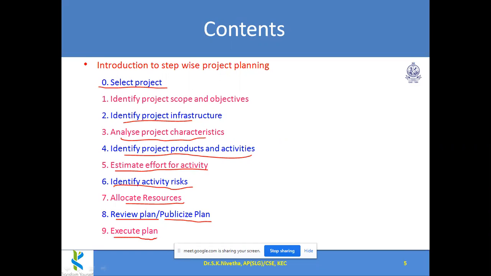And we can start executing the plan. And if required, where all the control measures we have to apply, some revisions in the plan, those things are parallelly to be carried out while tracking the project. So for each of these steps, what are all the minute level activities? That is the idea of this part.